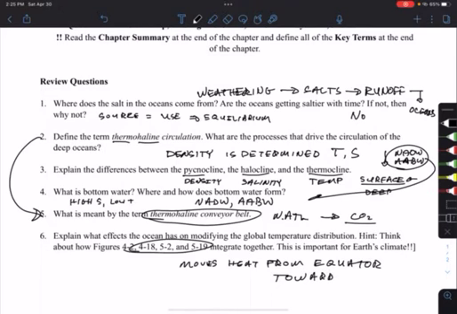And this helps to alleviate the surplus of solar radiation that we have at the tropics relative to the poles that we saw in chapter 4. So those are the answers.